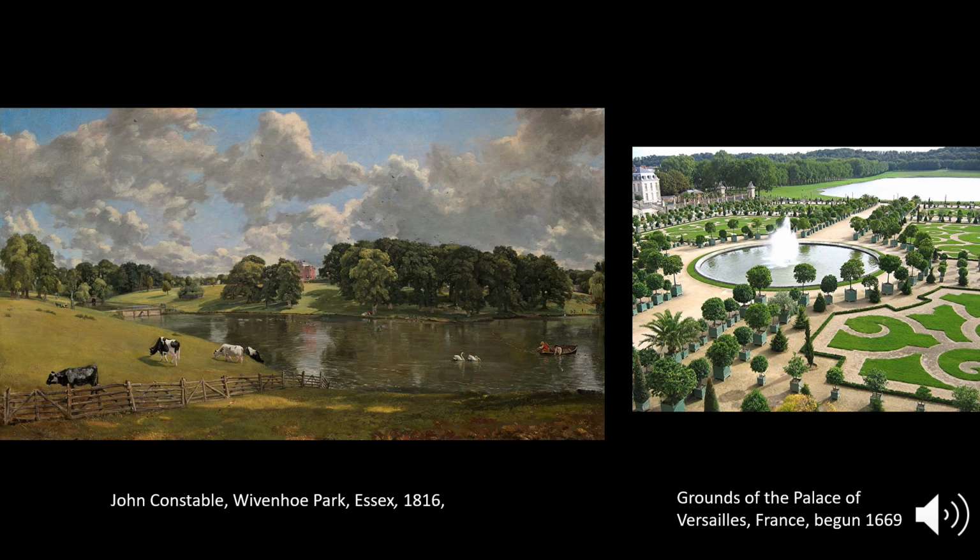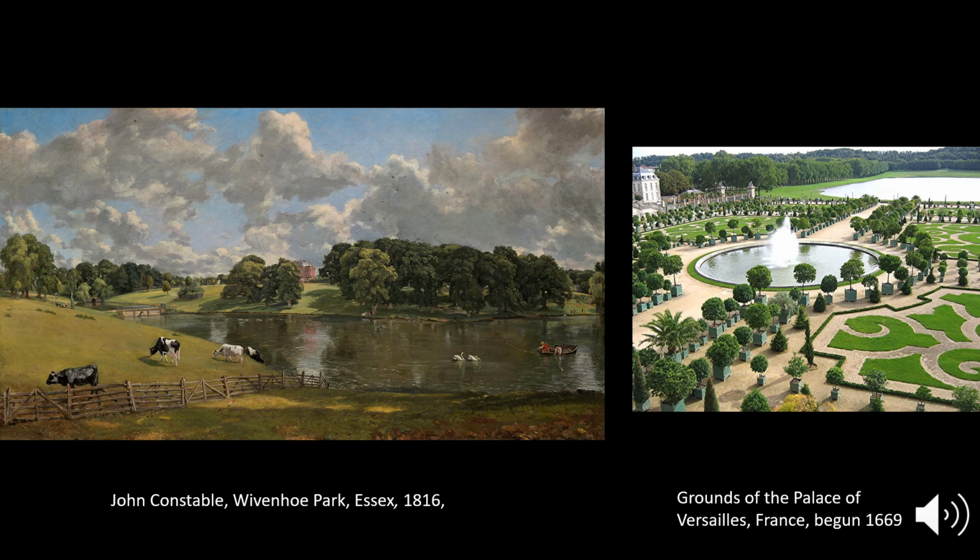Nature has been cultivated very carefully. Man's mastery over nature is shown in the carefully manicured bushes, the mazes, the straight lines, this lake that's been carved out in a neat geometric rectangle.